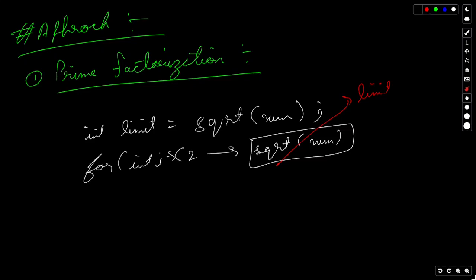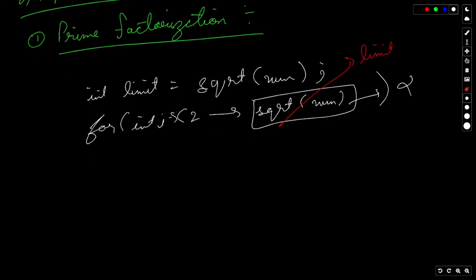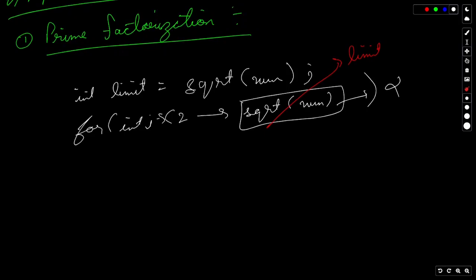The reason I'm doing this is because I don't want to calculate the square root of a particular number every time, because it will also have some time complexity. And if we are running a for loop and calling this function again and again, then the time complexity of this function will increase. So instead of that, I will just create a variable which will store the value of the square root of a particular number.